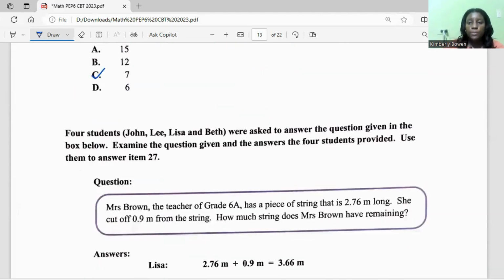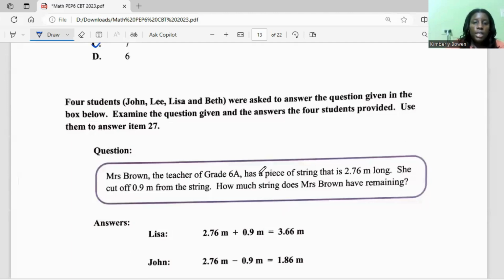4 students, John, Lee, Lisa, and Beth, were asked to answer the questions given in the box below. Examine the question given and the answers the 4 students provided. Use them to answer item 27.